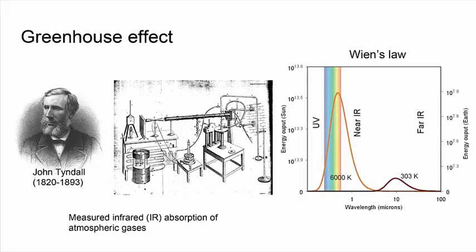Right. So his main conclusion was that nitrogen and oxygen are transparent to both infrared and solar radiation. In these spectra we see here, both nitrogen and oxygen don't absorb any of the solar radiation, and they don't absorb any of the outgoing infrared radiation from the planet.